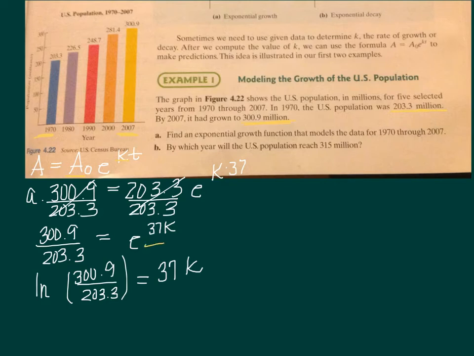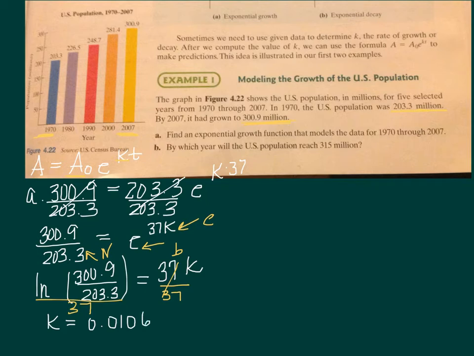So that's your base, exponent, and that's the number. And then whatever you get, you're going to divide by 37. So I'll quickly divide that. So we will get, or you should get, 0.010. I'm just going to go to 4 decimal places.